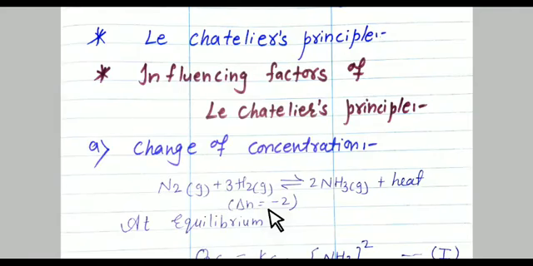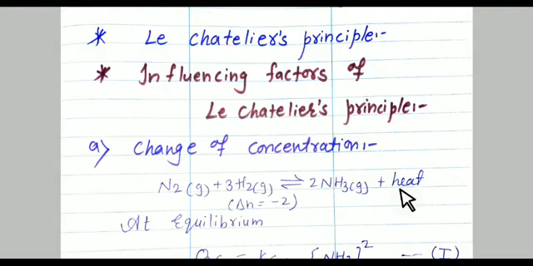The reaction proceeds with a decrease in number of moles. The number of moles of reactant is 4 (3 plus 1), and the number of moles of product is 2. So this reaction proceeds with a decrease in number of moles in the forward direction, and this reaction is exothermic, because heat is evolved.